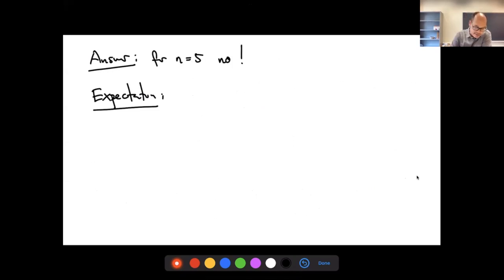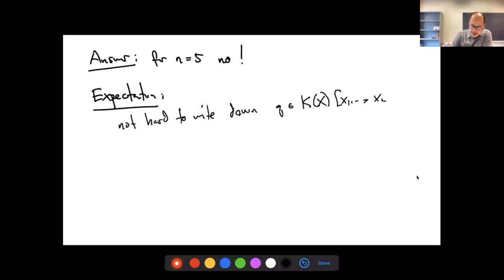So it turns out that it's not hard to write down quadratic forms over fields like this, say in 5 variables, and even all the way up to 8 variables, with no non-trivial zeros.